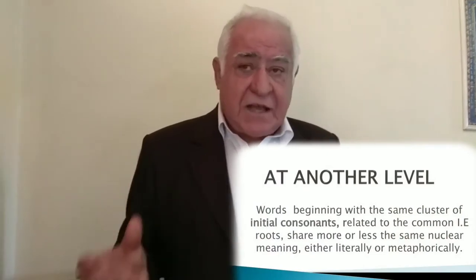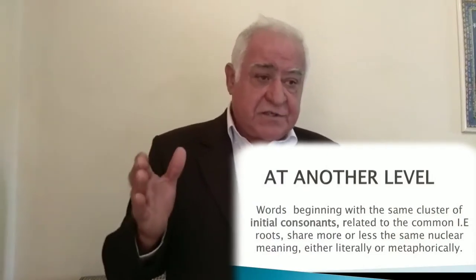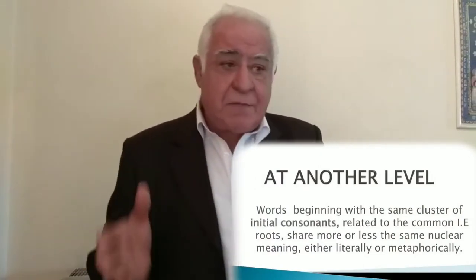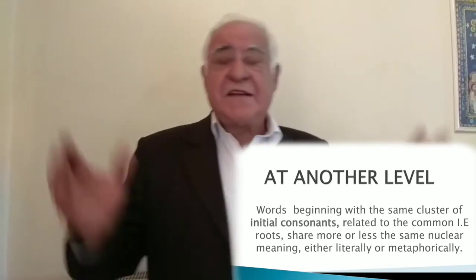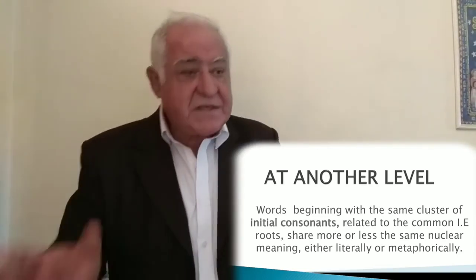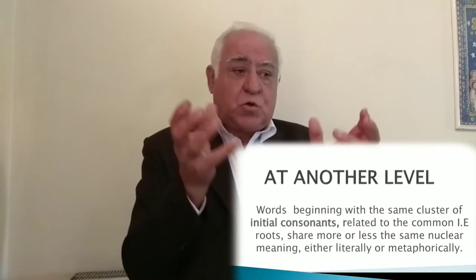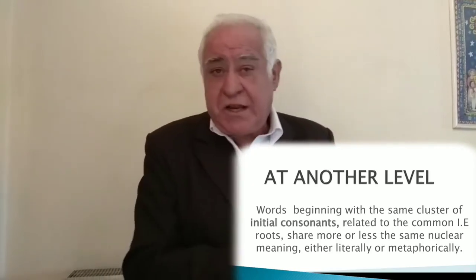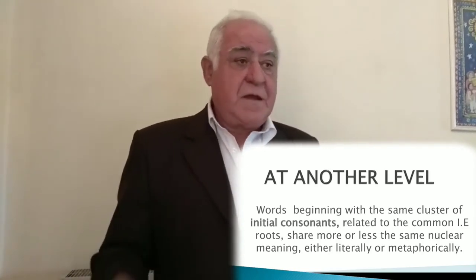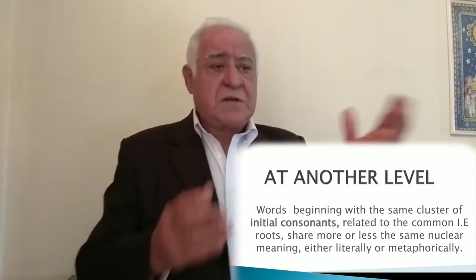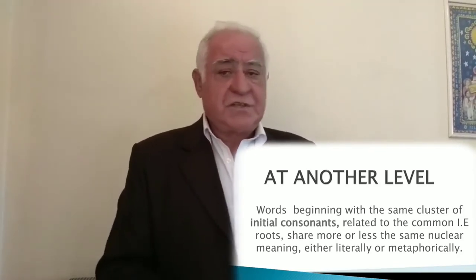beginning with the same cluster of initial consonants, which are related to the common Indo-European roots, and they share more or less the same nuclear, the core meaning, either literally or metaphorically. For example, some consonant clusters I will give you just now.